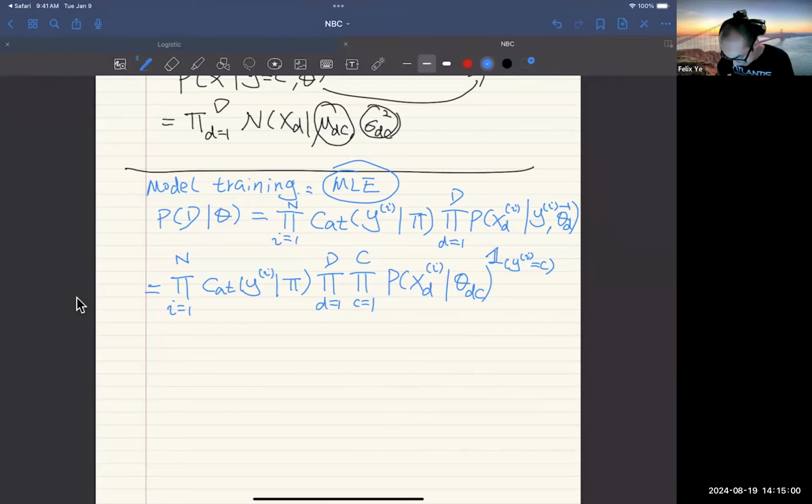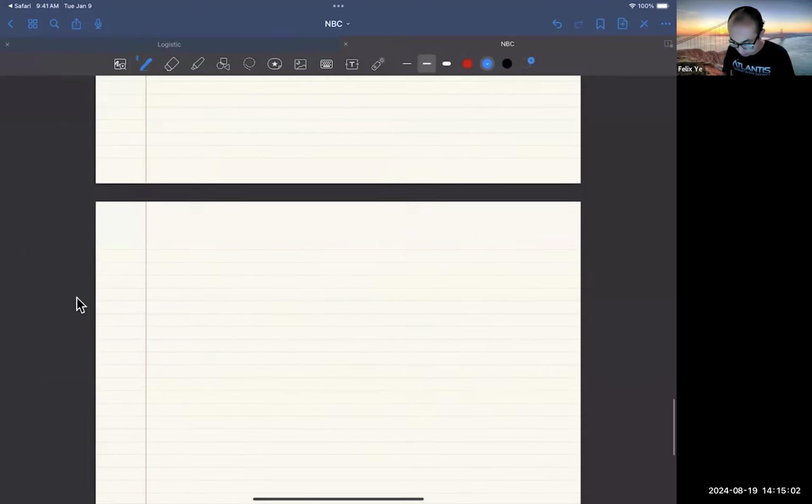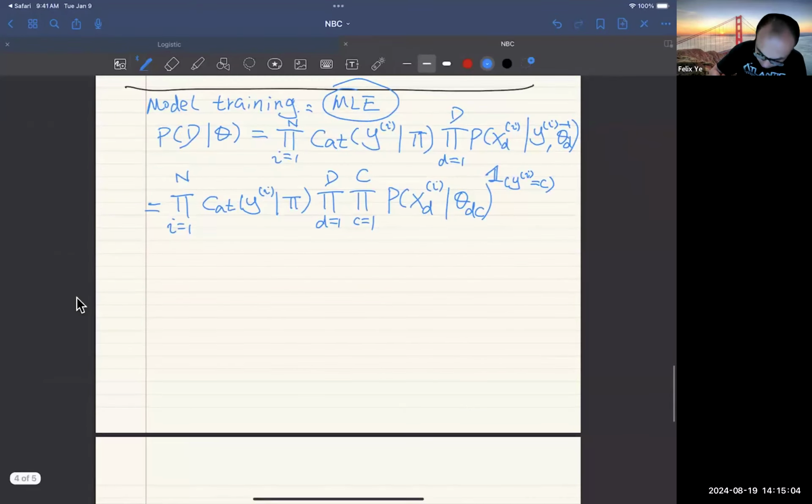Of course, we are taking the logarithm of this likelihood.